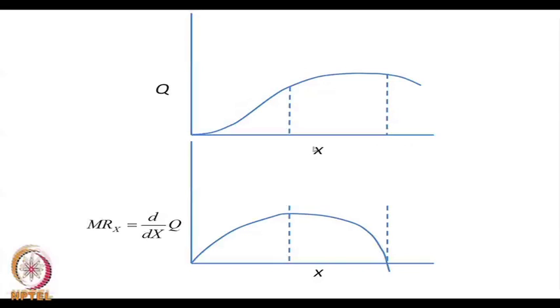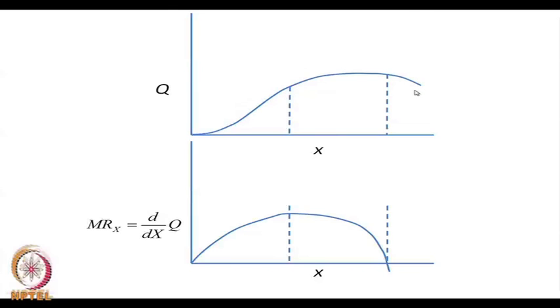Normally, as x increases, initially the rate of change of Q is high, but thereafter it shows a decline, the rate of increase in Q declines, becomes 0, and then it becomes negative.